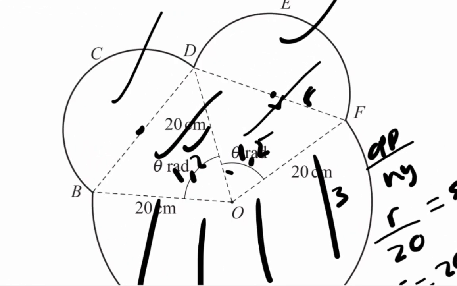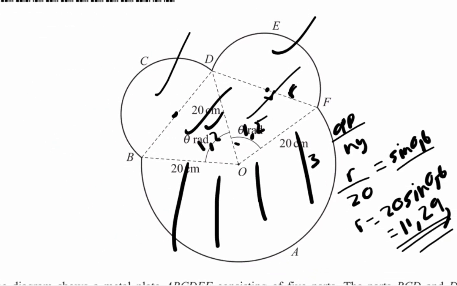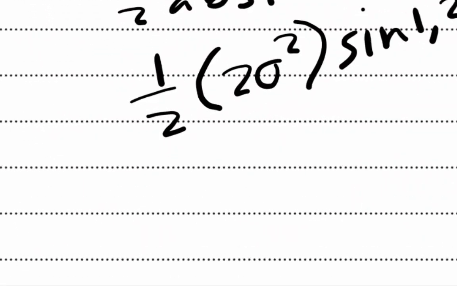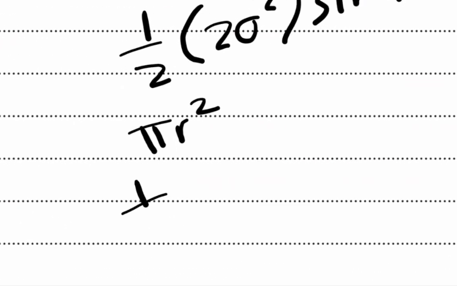And for these two semicircles with an r value of 11.29, the area of a full circle is pi r squared, right? So for a semicircle, it's half pi r squared.